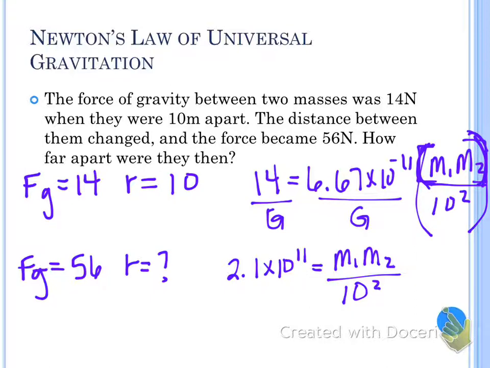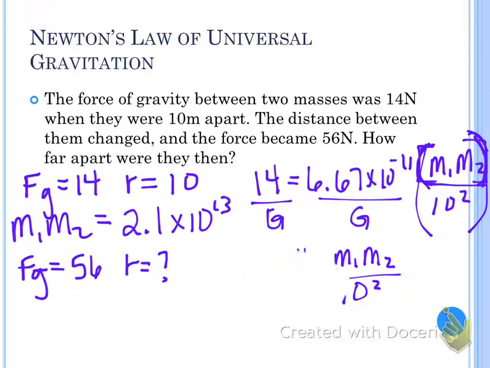Then we're going to take that times 100, and that would be the product of m1 times m2, which will not change between these two situations. So m1 times m2 is 2.1 times 10 to the 13th. Are we on the same page so far? Know where we're at? Okay.